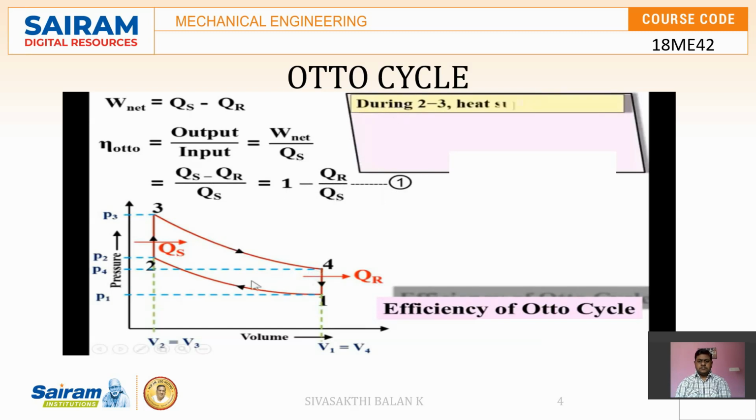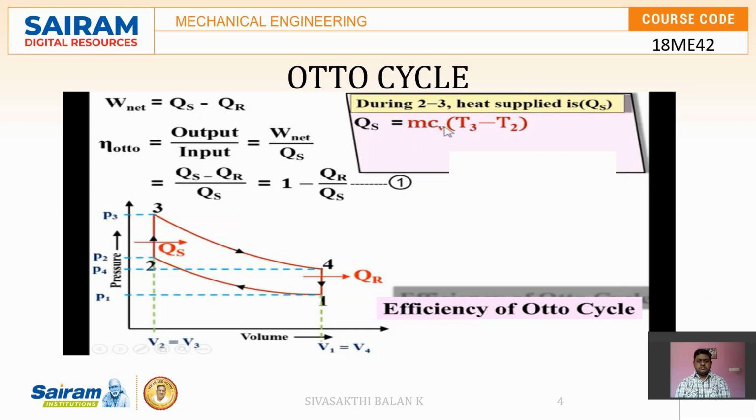So you know that during the process 2-3, heat supplied is QS, so I can say QS is equal to m Cv delta T. Here m is the mass of the air, generally taken as 1 kg, and Cv is the specific heat at constant volume, because the 2-3 process is a constant volume process.